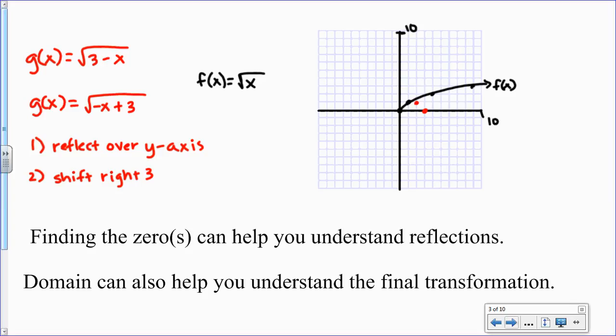And then it says I go right 3. Okay. So each point, now I need to reflect, and then right 3. So this is my new graph of g of x.